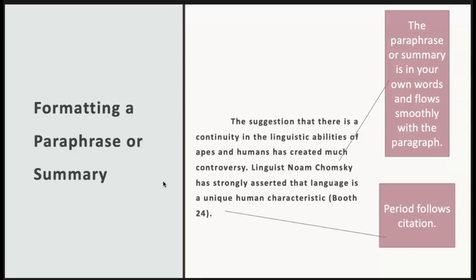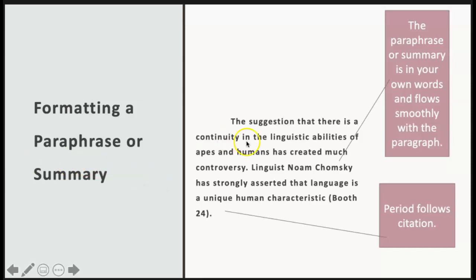So with the paraphrase or the summary, and we'll talk more about the distinctions between those in a little while, obviously this is in your own words, so we don't have direct quotes, right? But you still want this to flow smoothly within the paragraph, and you still have to give credit to the source.